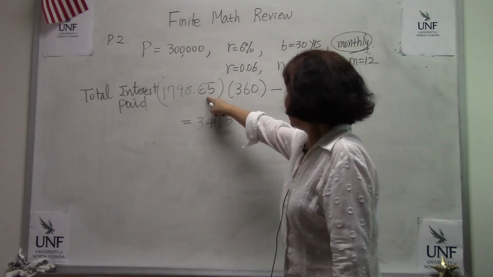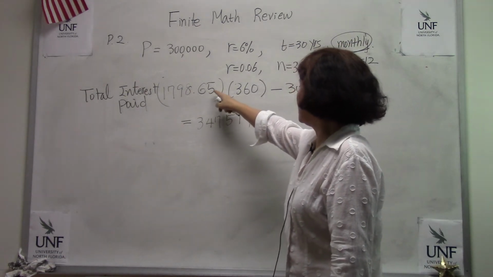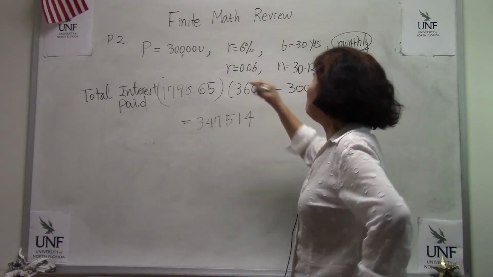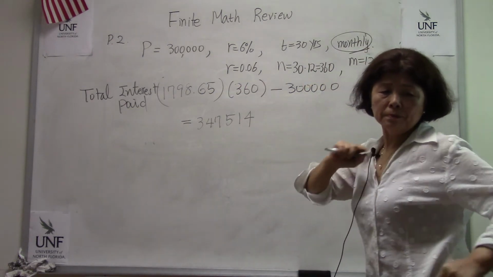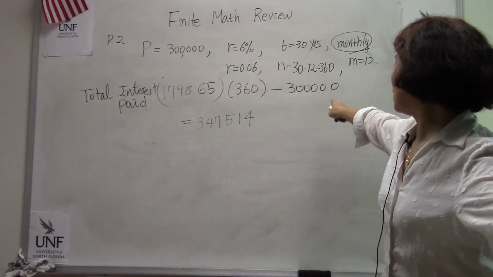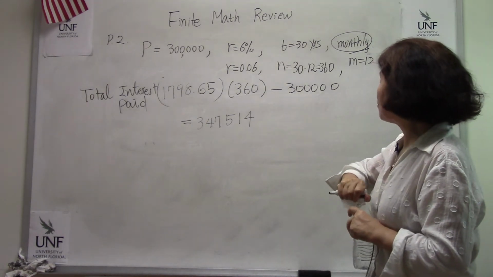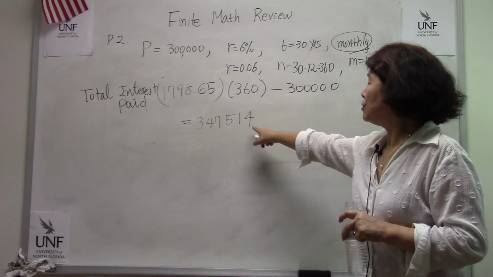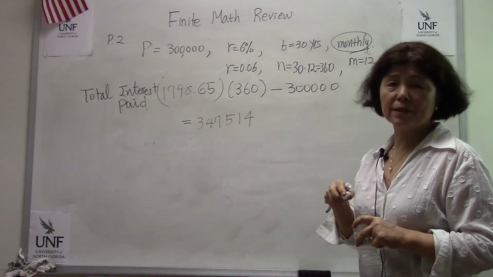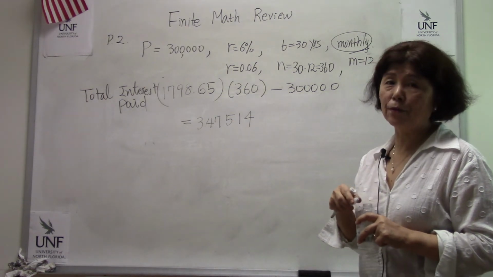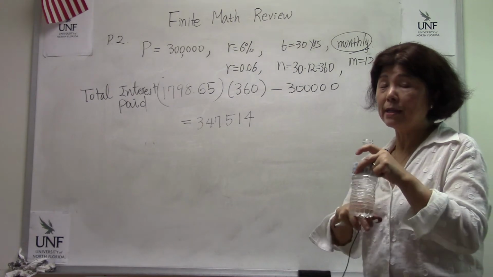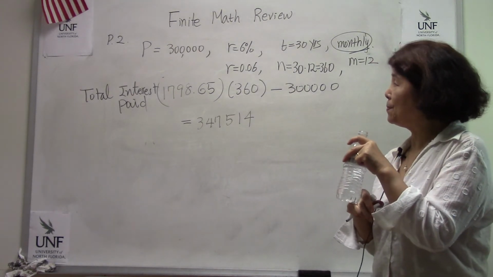Because of the last one, 65, it is going to be a whole number. So as you see, she borrowed 300,000, but she pays almost $50,000 more than that for the whole interest. Okay, that is a lot of money she has to pay.